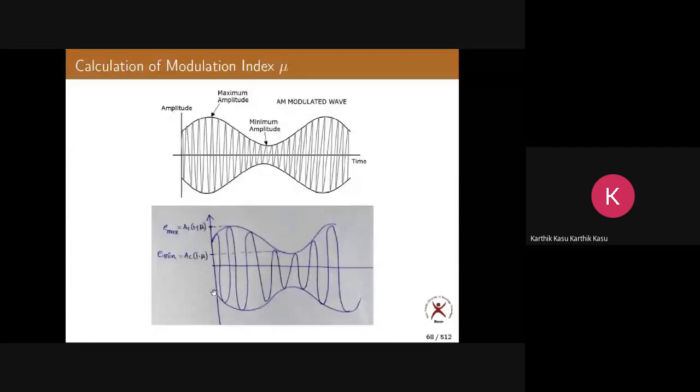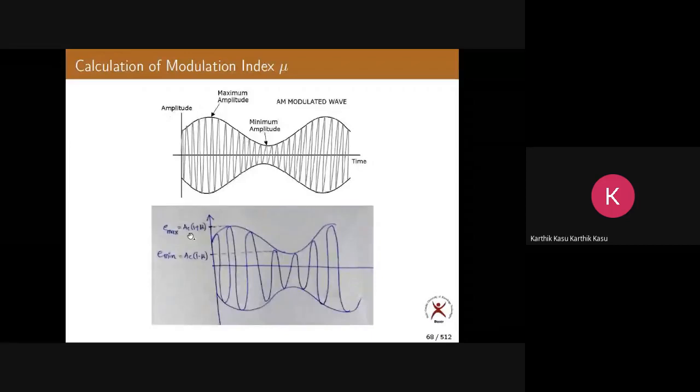On the negative side we also have amplitudes. What will this amplitude be? This is symmetric, right? It will be minus of A_C into (1 + mu), and minus of A_C into (1 - mu).